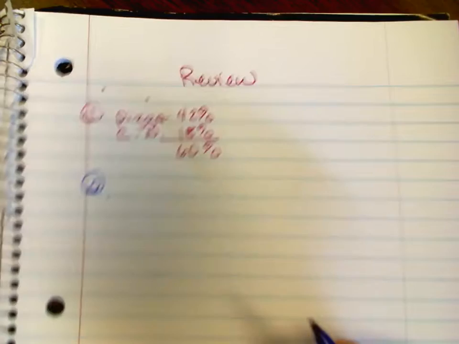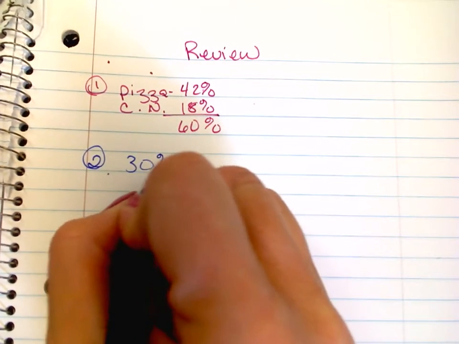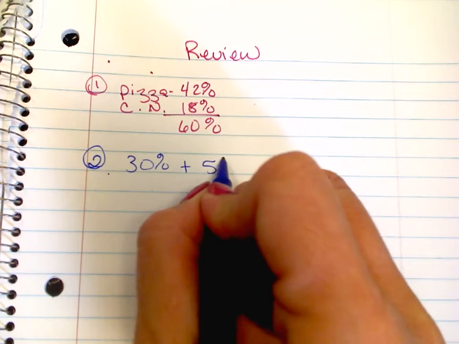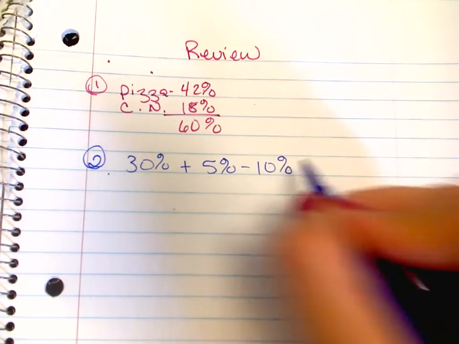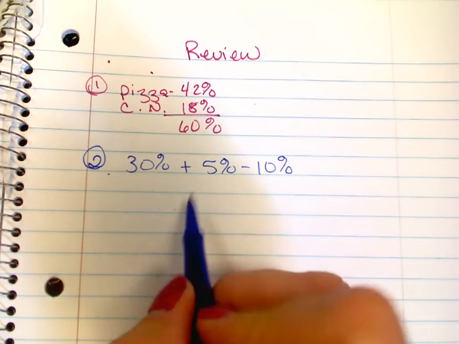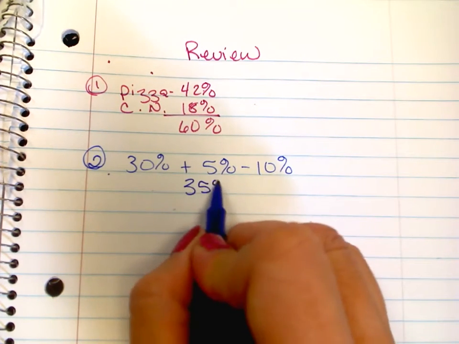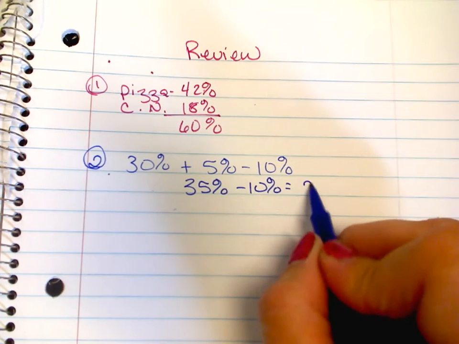Which number line represents the value of the expression 30% plus 5% minus 10% as a fraction? So 30 plus 5 would be 35% minus 10% would be 25%.